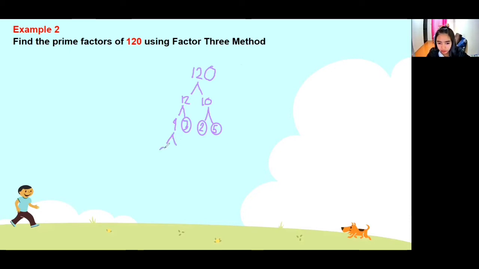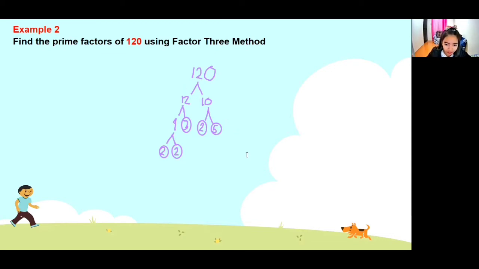Factors of 4, 2 and 2. Now, we have each branch ending in a prime number. And so, this factor tree is now complete.